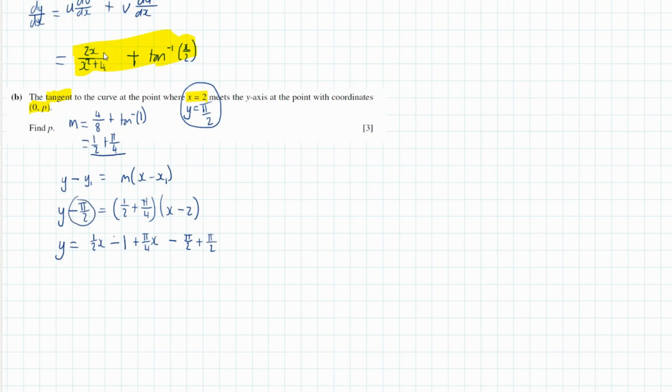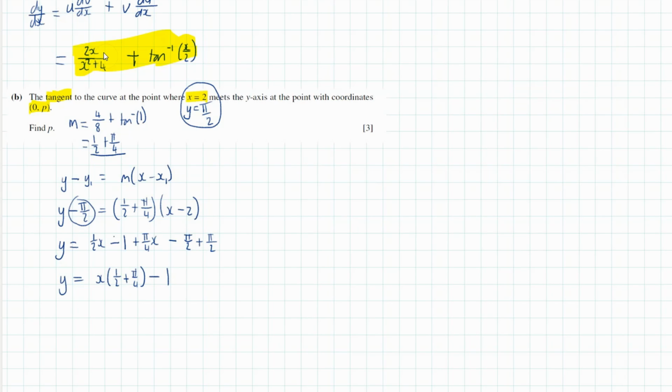And you can see that this will nicely simplify. We'll have y equals, and I'll gather my x's, x into 1/2 plus pi over 4, minus 1, and that's my equation of the line.